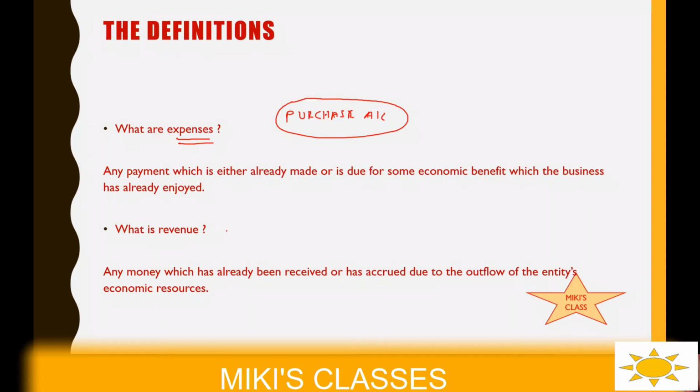And it is not a revenue, we already know. It cannot be a revenue because in the case of purchases, you're making payments. Revenue is when you get money by selling, right? So it is not a revenue. Is it an expense? Any payment which is either already made or is due for some economic benefit which the business has already enjoyed.